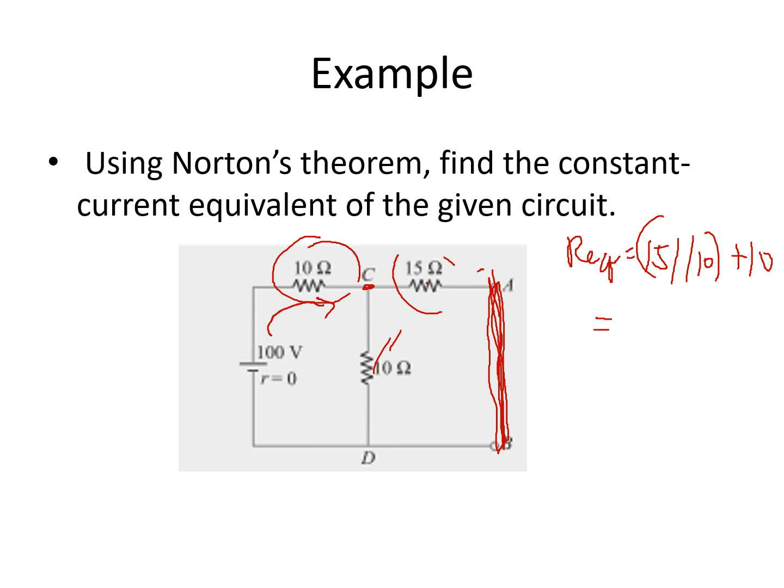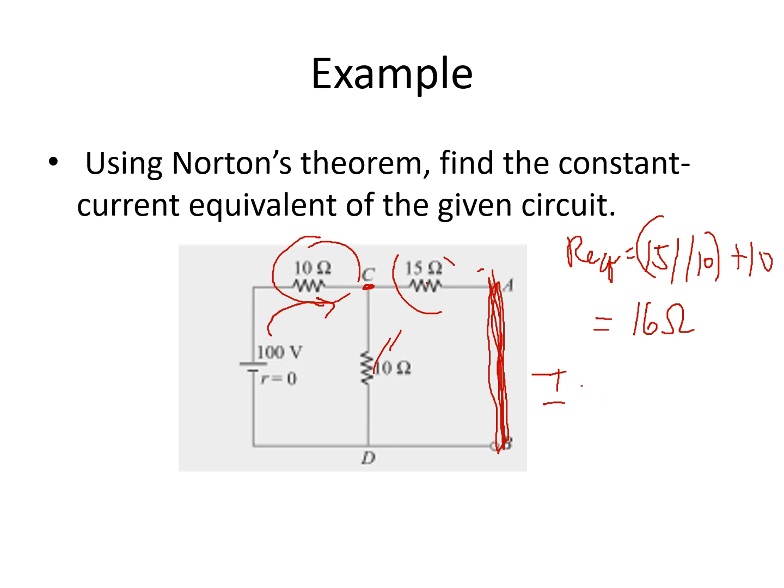Giving us an equivalent resistance of 16 ohms. So knowing the equivalent resistance now, we can solve for our INT, or actually not yet the short circuit current, just the total current of the circuit.